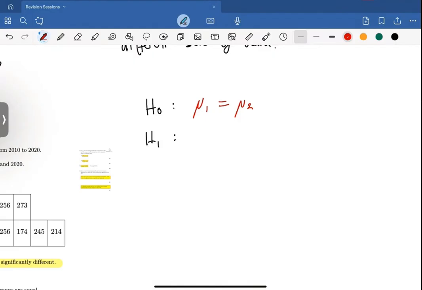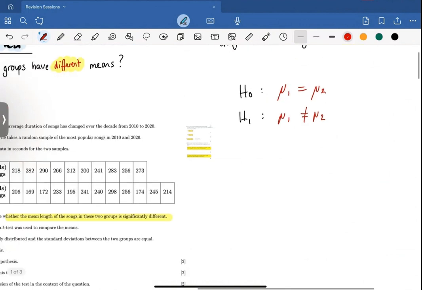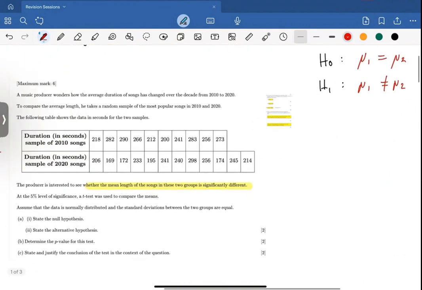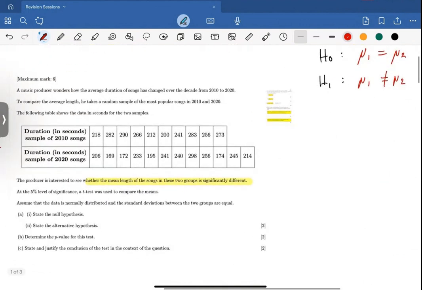There is no difference between the means of the 2 groups. And our alternative hypothesis, because we're looking to see if there's a difference, is that the means are not the same as each other. And this is enough for us to get the marks in the exam. We don't have to overcomplicate this. We don't need to write it in words. That is enough for us to get the marks here.